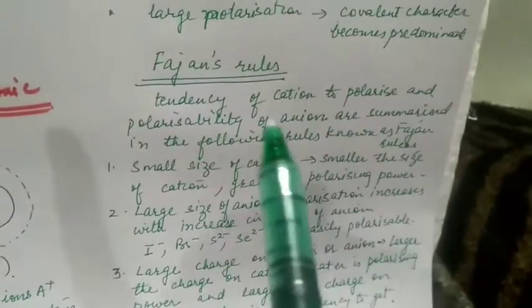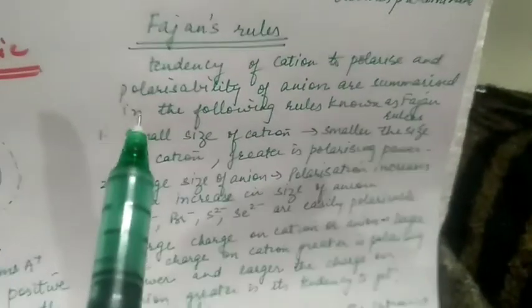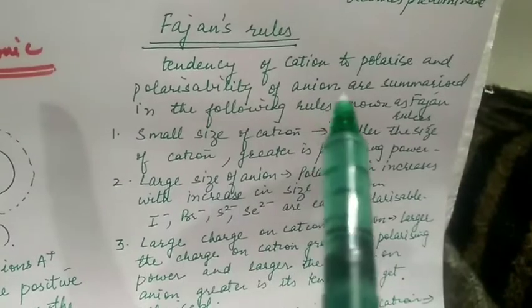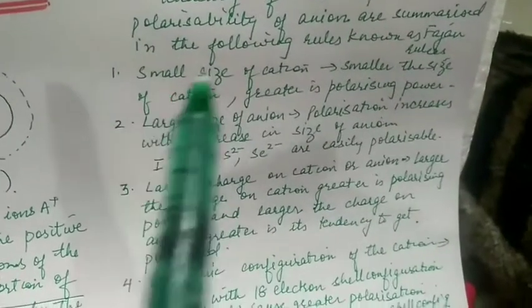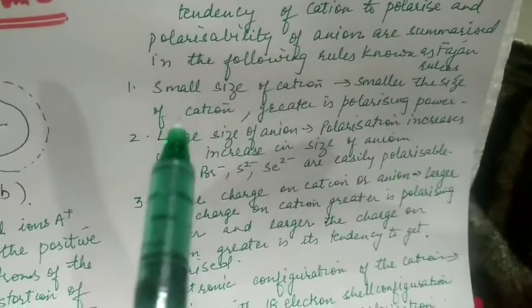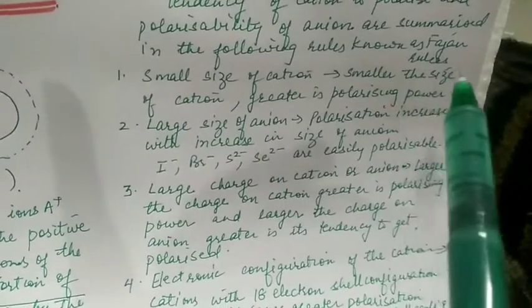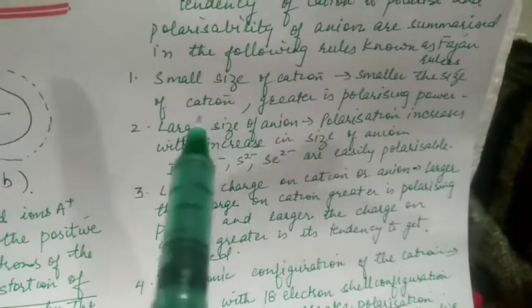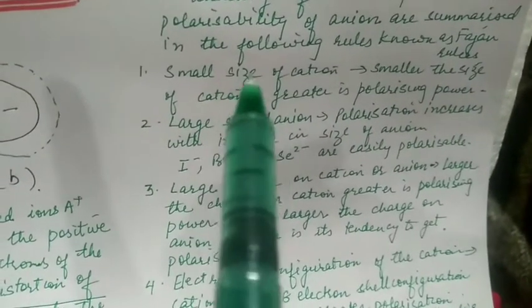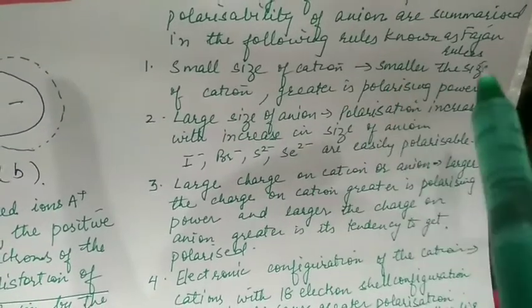So, tendency of cation to polarize and polarizability of anion are summarized in the following rules known as Fajan's rule. The small size of cation. Smaller the size of cation, greater is the polarizing power. So, lithium being smaller in size is polarizing more than sodium.